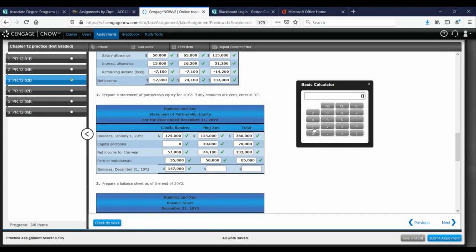For U, we had beginning capital at $135,000. We added $20,000 as an additional investment. Then we're going to add the net income of $74,100. And we're going to subtract our withdrawals, which was the drawing account.